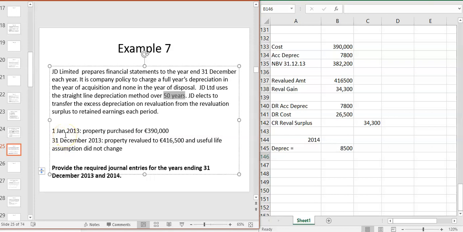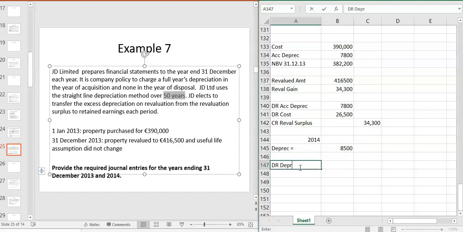So there's only 49 years left. It didn't say it's gone back to 50 by adding another year on. It said it hasn't changed. So if it was 50 when you bought it and you've used 1 year, it's now 49. That would have caught students out. Right? So you would have debited depreciation, credited accumulated depreciation. 85 and 85.